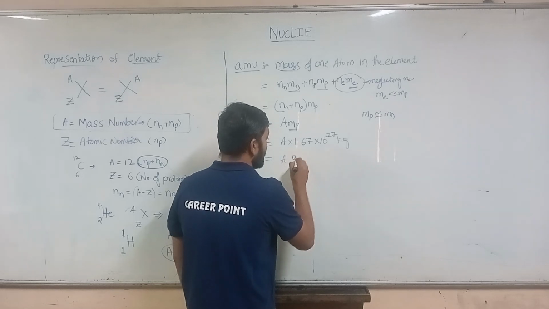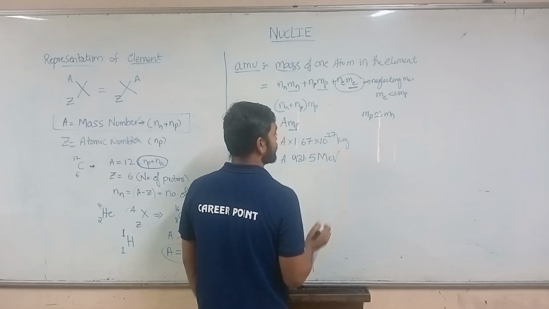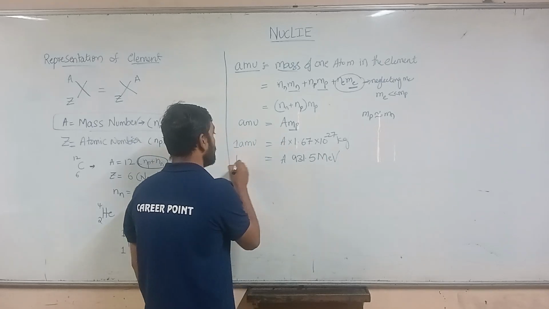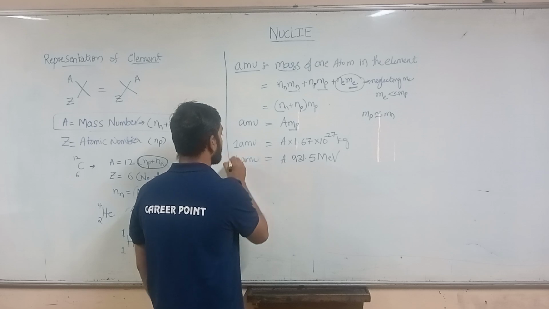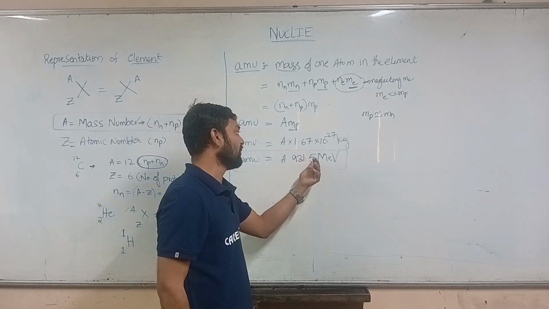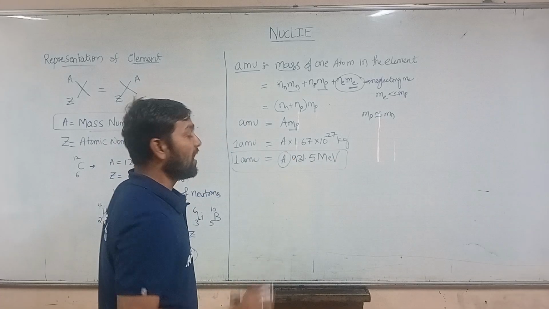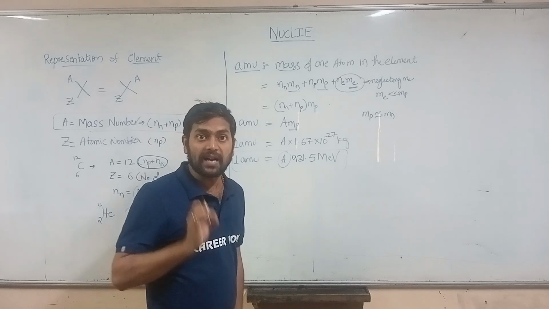This value is also equal to A into 931.5 mega electron volts. So 1 AMU is equal to 931.5 mega electron volts, where A is the mass number of that element.